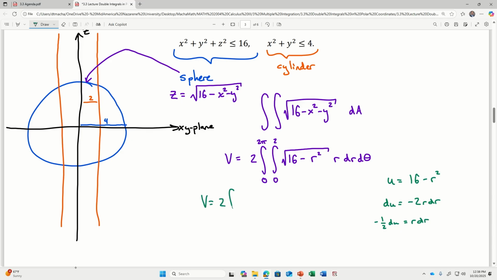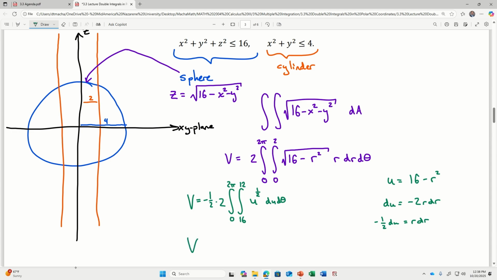So that my volume is going to be 2 times the integral from 0 to 2 pi of the integral from 16 minus 0 squared, which is 16, to 16 minus 2 squared, which is 12. And then this is going to be u raised to the 1/2 power du d theta. And I'm forgetting one thing. I'm forgetting a negative half that I pick up with the du part.